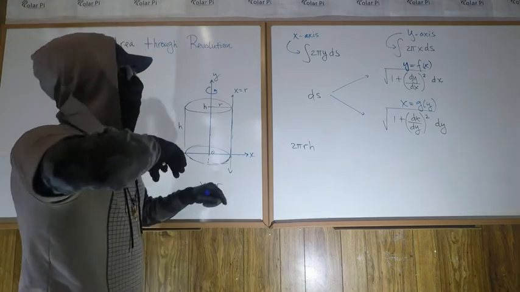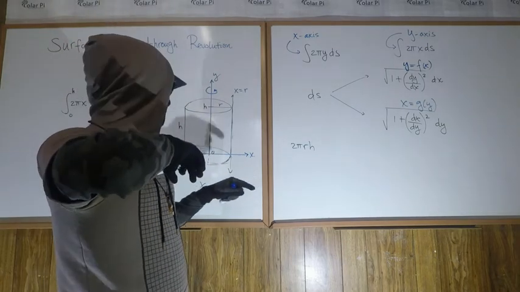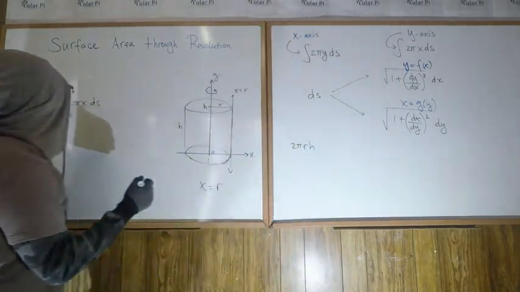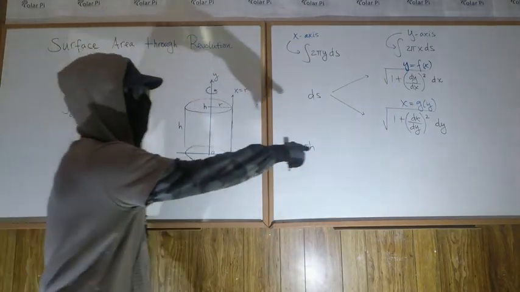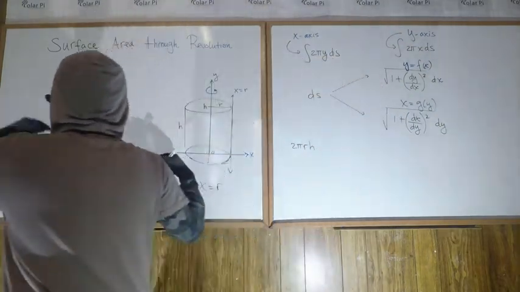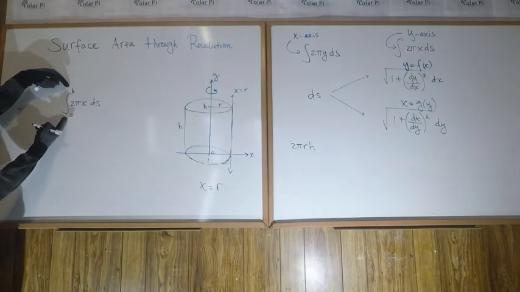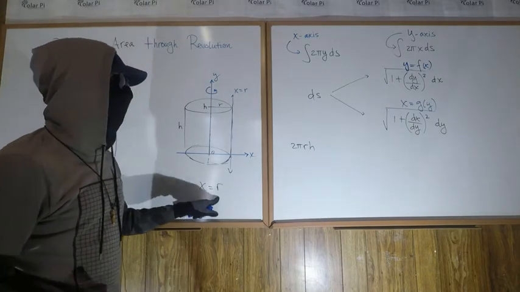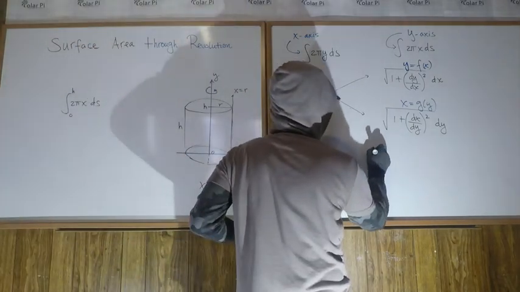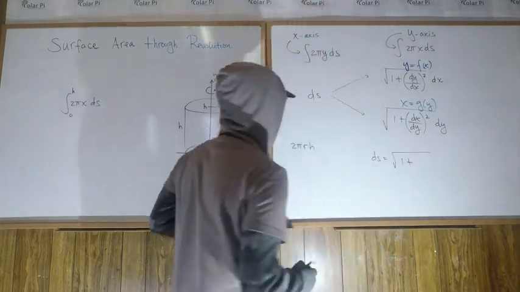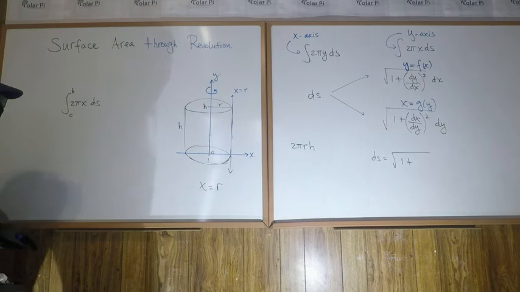The point is that we have x equals, and so we're using this ds, which is going to have a dy at the end of it. It makes sense that I'm integrating along the y-axis. But if x is equal to r, what's ds? Well, ds is going to be equal to the square root of 1 plus dx/dy squared.